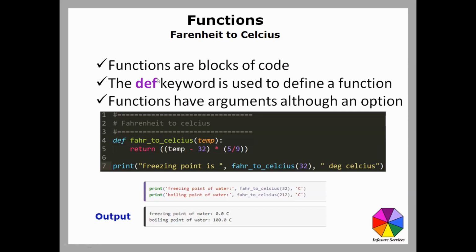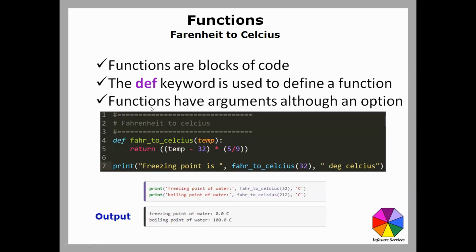We define the function with the def keyword, like here, def Fahrenheit to Celsius. def is the standard keyword for defining a function, followed by one space and the name of the function.